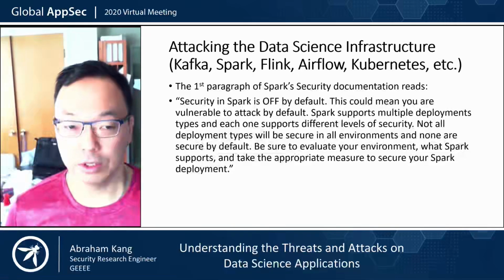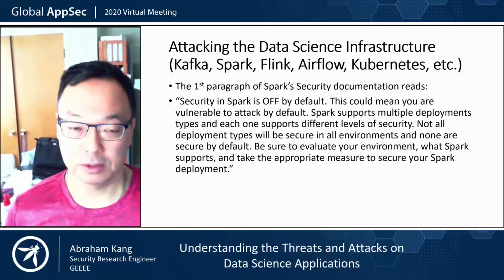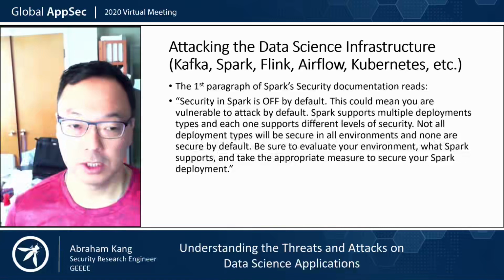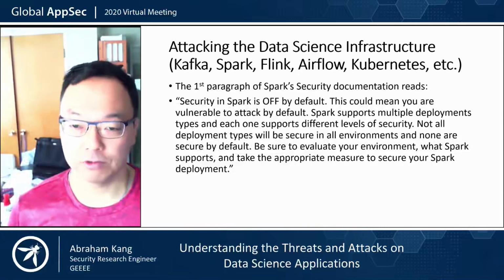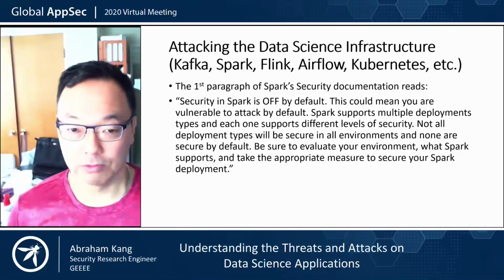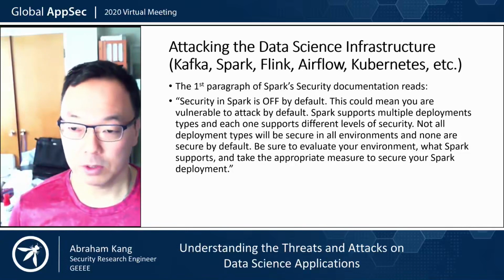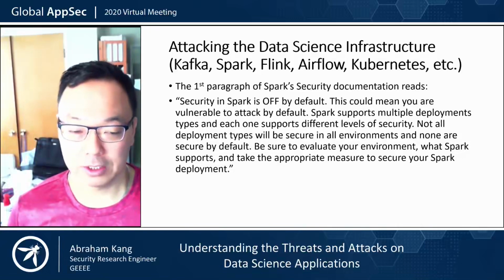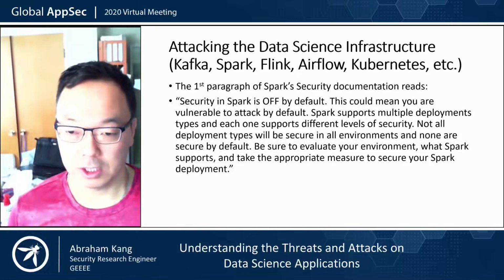And in their security documentation, literally the first paragraph before anything is talked about, it says: security in Spark is off by default. This could mean you are vulnerable to attack by default. Spark supports multiple deployment types, and each one supports different levels of security. Not all deployment types will be secure in all environments, and none are secure by default. Be sure to evaluate your environment, what Spark supports, and take the appropriate measures to secure your Spark deployment.